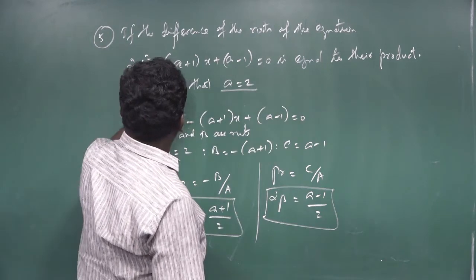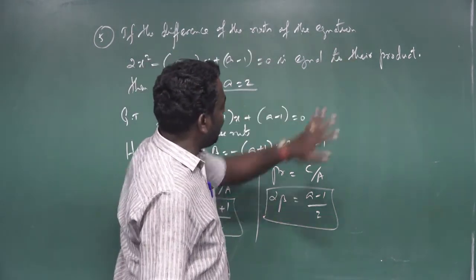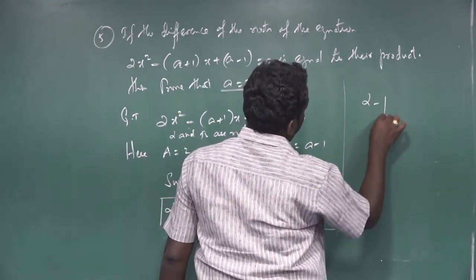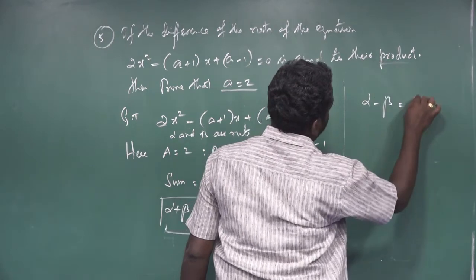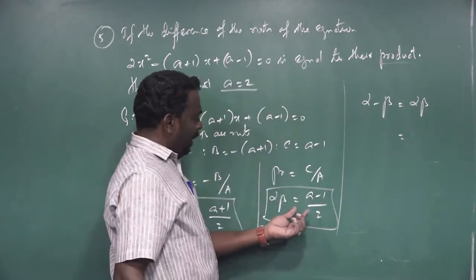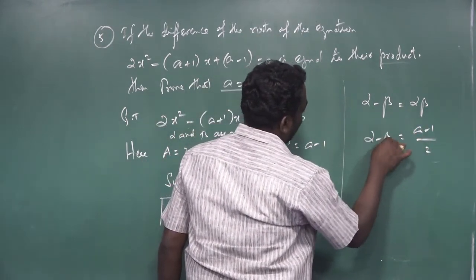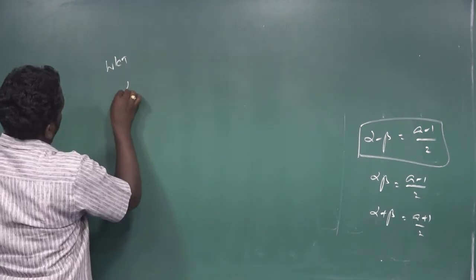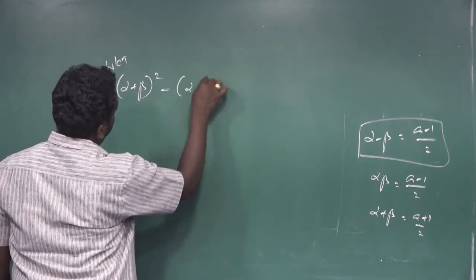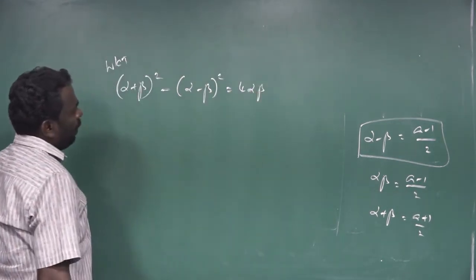Now here given that the difference of the roots is equal to the corresponding product value. Therefore the difference of roots defined by alpha minus beta is equal to the product alpha into beta. Now already we know alpha into beta value equal to a minus 1 by 2. Alpha plus beta whole square minus alpha minus beta whole square is equal to 4 alpha beta by formula.